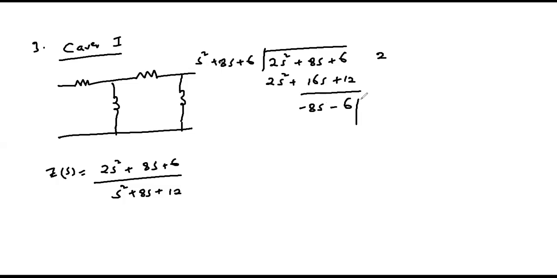Next, we divide this into s squared plus 8s plus 6. To get s squared from negative 8s, I multiply that with negative 1 over 8s, and I'll get s squared. Then this becomes plus 3 over 4s, and then I get the difference.